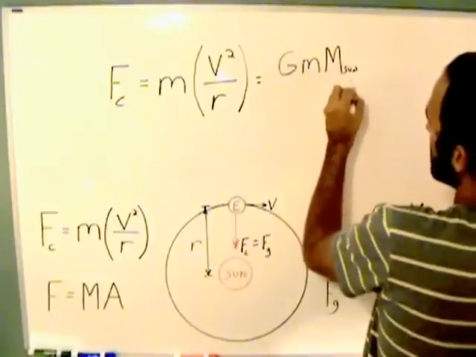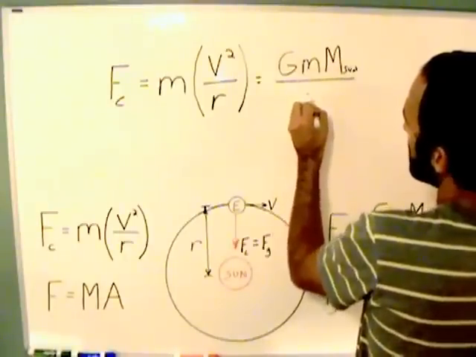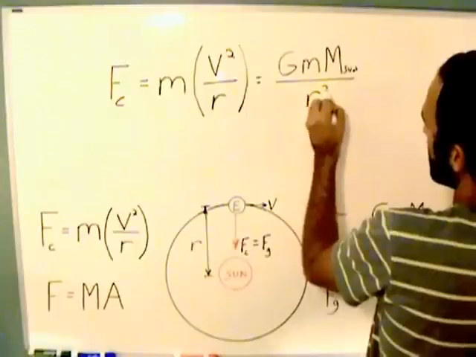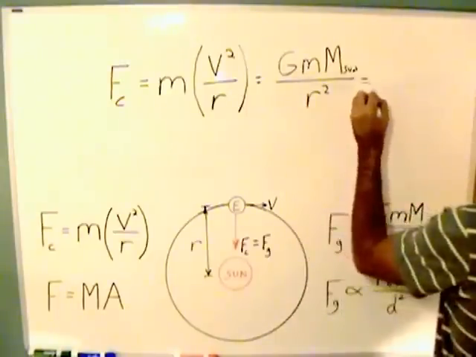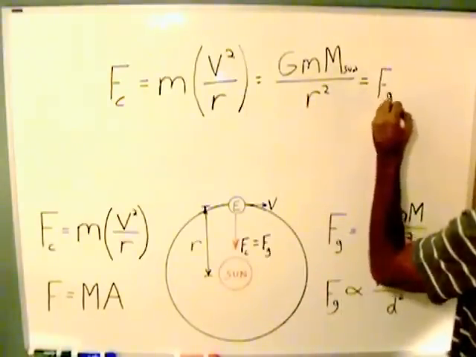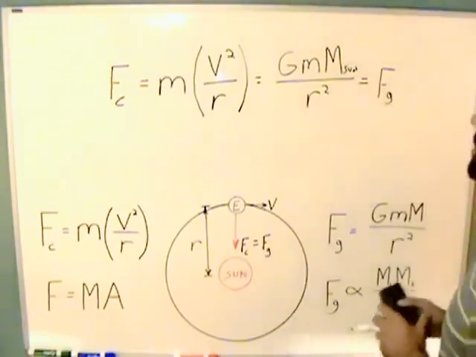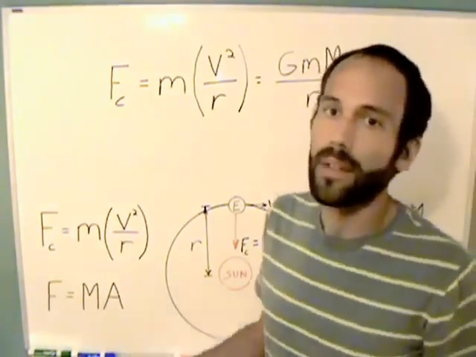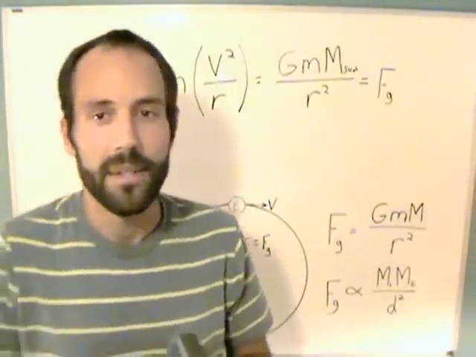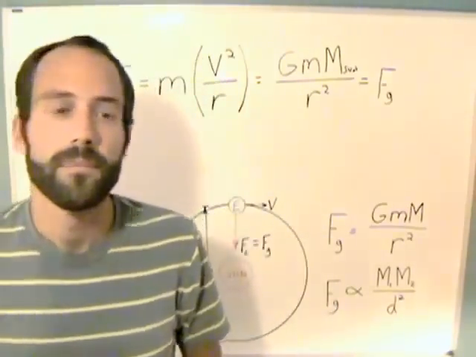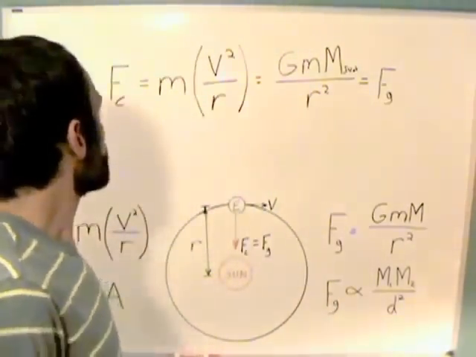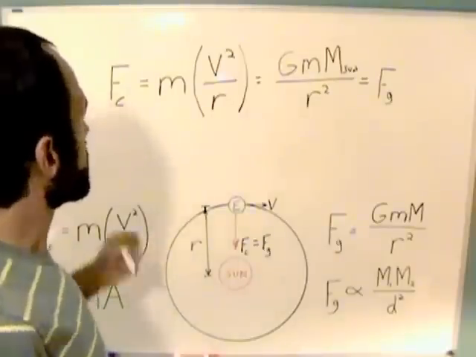I'll write M Sun here to clarify that, times the distance that object is from the Sun squared, and that's equal to the force of gravity. These are said to be equal, and this is how the solar system was built, or that's how we applied numbers, or they applied numbers to our solar system. Okay. Well, this math is canceled.